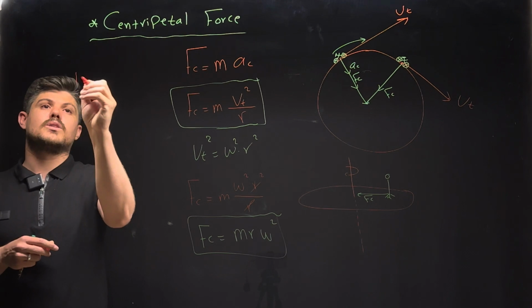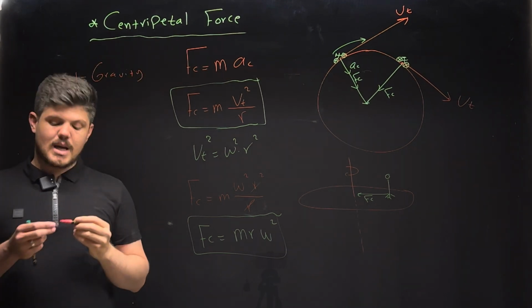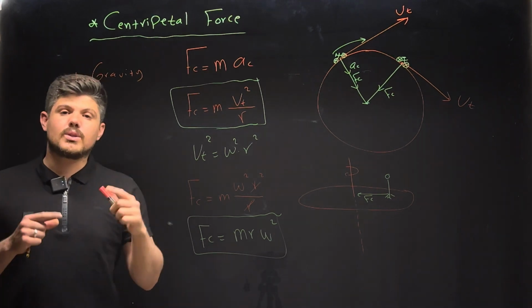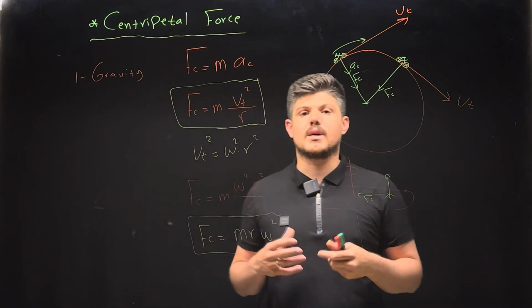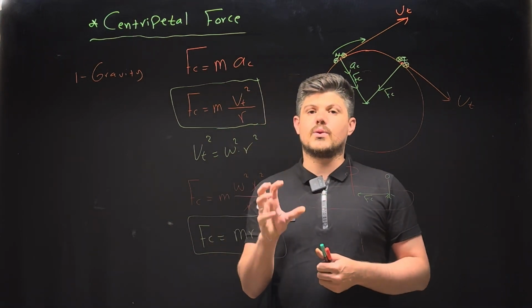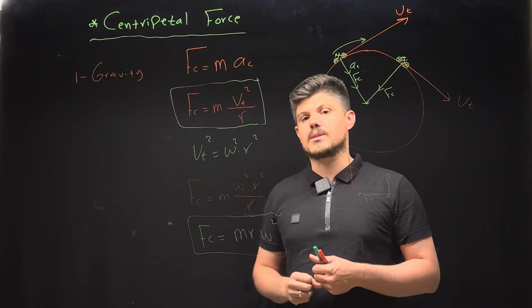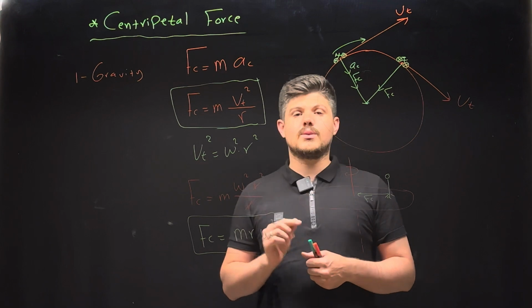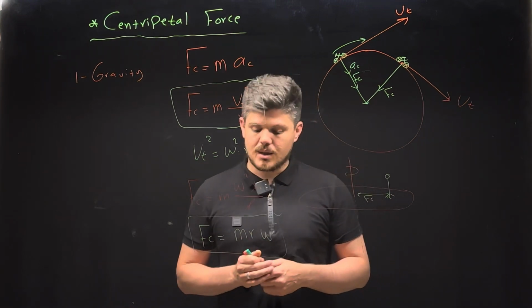The source of the centripetal force: gravity. For example, when Earth is orbiting around the Sun in a circular path, what causes the centripetal force, or what maintains the Earth orbiting around the Sun in a circular path? The answer is the gravitational force between the Sun and Earth.